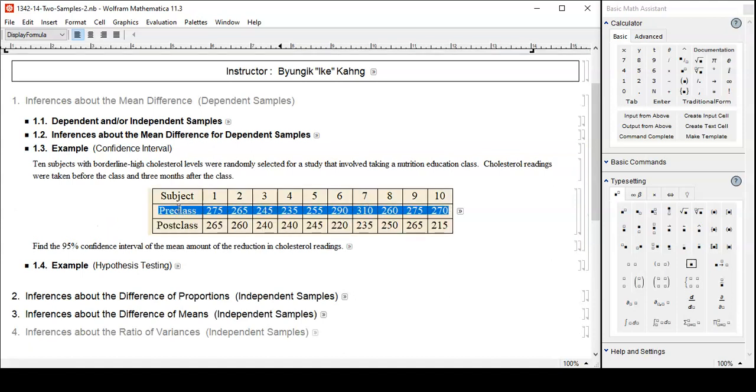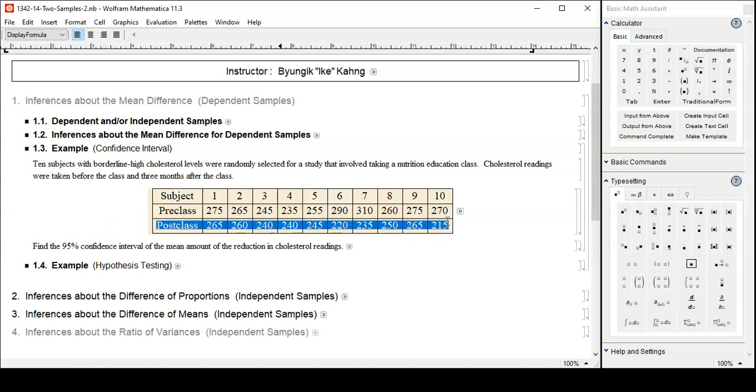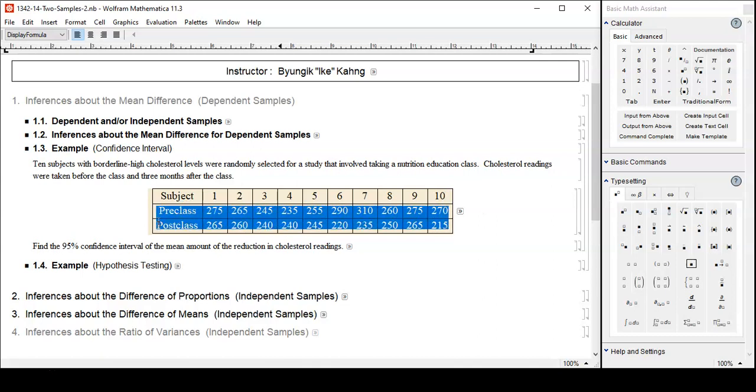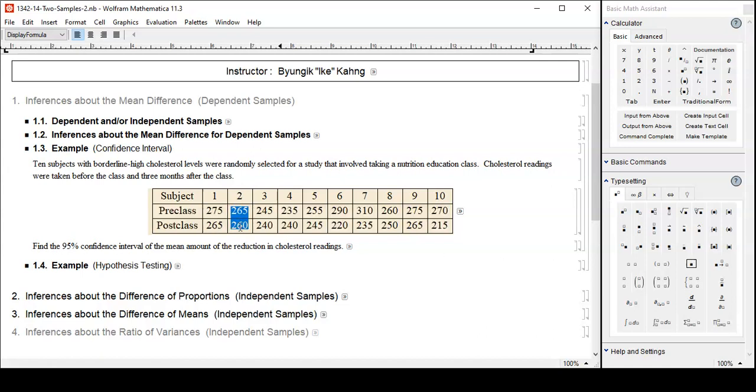We have these pre-class numbers and post-class numbers, but somebody lost track of the subjects. So we have these numbers, but nobody knows which number belongs to which person. In that case, we lose these pairings, so we cannot simply take the differences. What do we do?